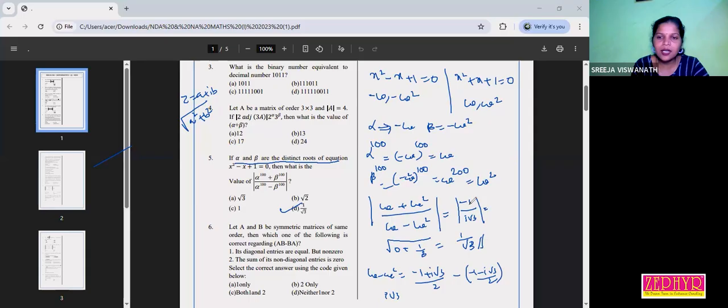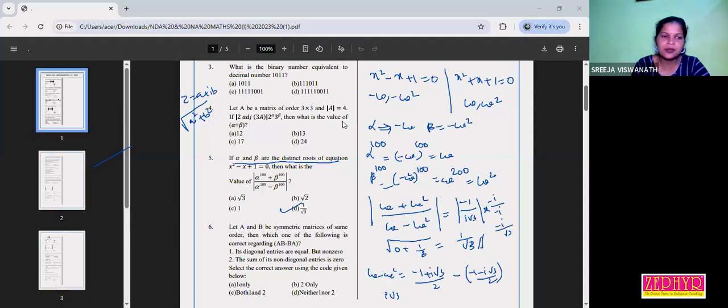Imaginary part is -1 by root 3. Since i is in the denominator, we should multiply numerator and denominator by minus i. Then we get minus i by root 3, and the square is 1 by 3. Okay.